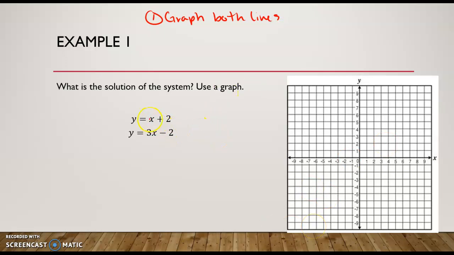So here I have a slope of 1 and a y-intercept of 2. And so I'm going to go to the 2, and I'm going to go up 1 over 1. And I'm just going to tell you that the more points I put, the straighter my line's going to be, but also there's a chance I'm going to cross and it'll make it easier for me to know where my lines cross.